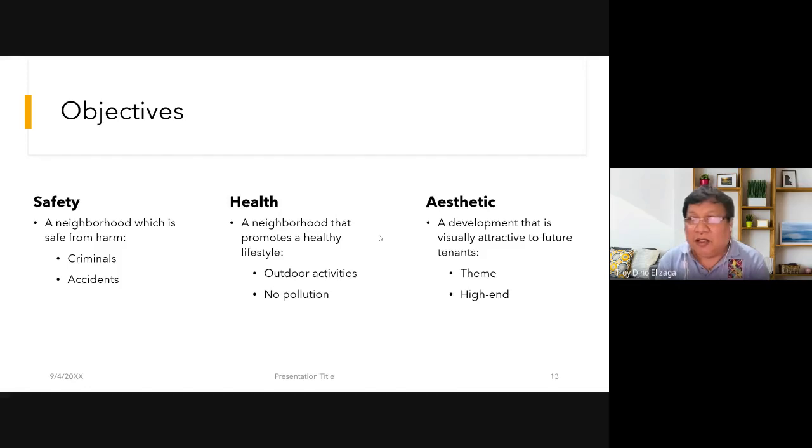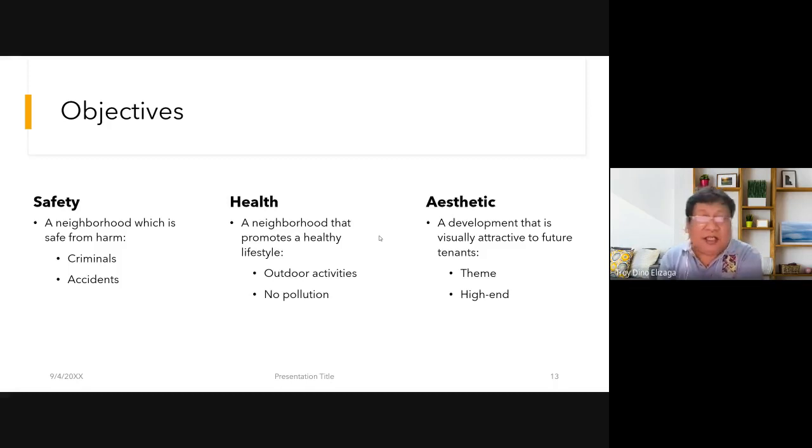Just high end. So something clean, something expensive to look at. Not the Bronx, or I don't know what else. I don't know whether it's, for example, a tropical theme, but then you have to interpret it into a high end type of interpretation.